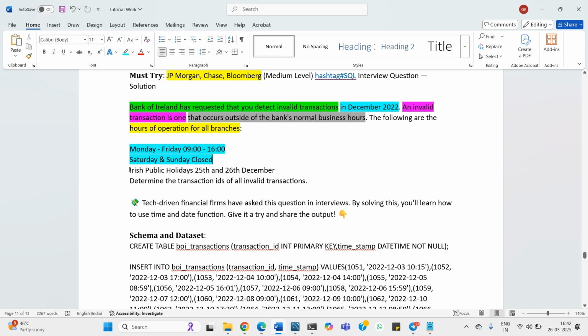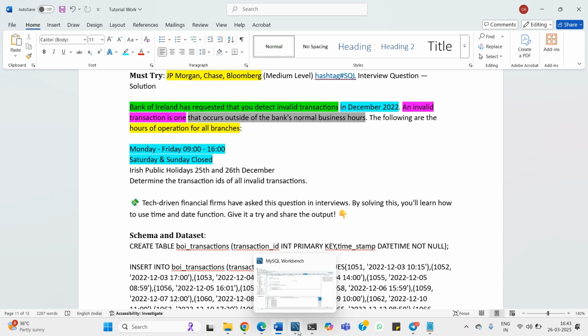And it is also said that there are public holidays on 25th and 26th December. So the transactions occurring on these 25 and 26 will also be invalid transactions. So we'll put a condition for filtering out these transactions also.